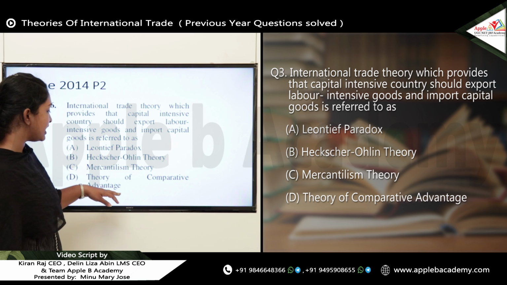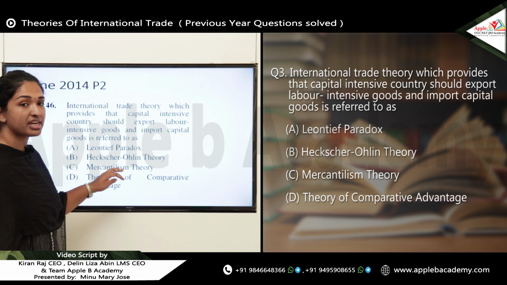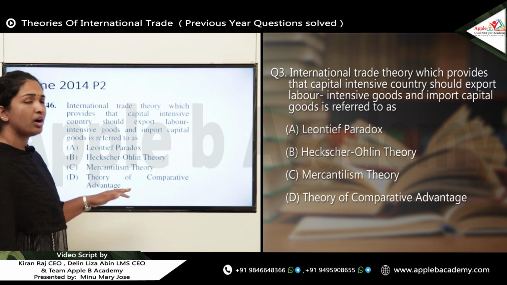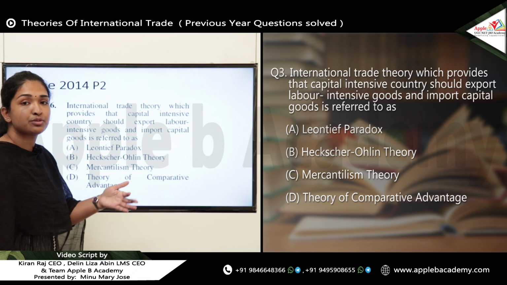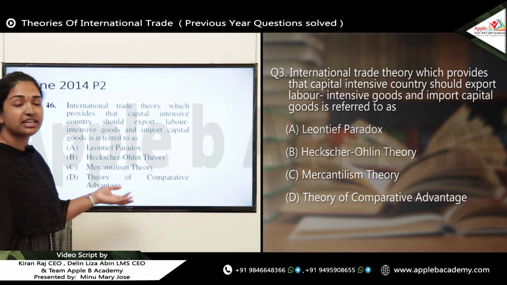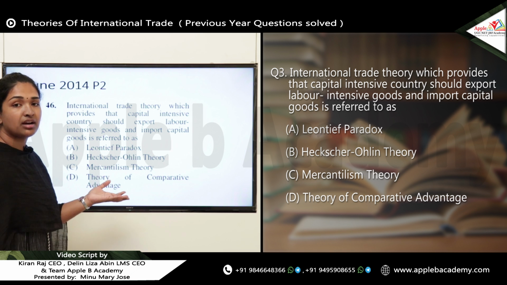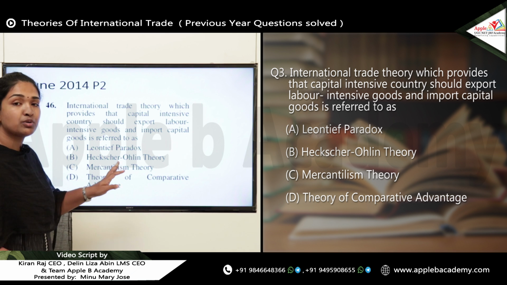So considering the other options, the mercantilist idea, given by the mercantilists, says that trade is a zero-sum game, and they mainly concentrated on how nations should accumulate wealth, and how trade can be used to accumulate wealth, rather than maintaining a balance of trade.